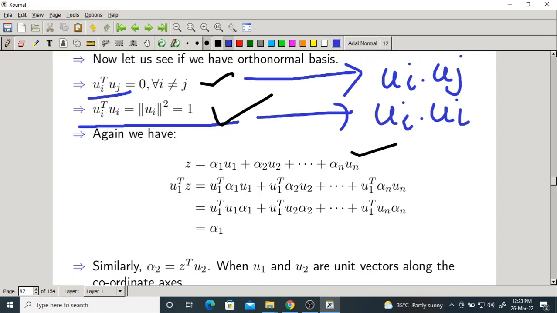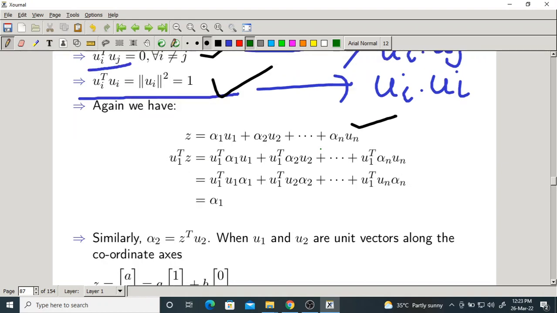Now let us proceed further. This is Z. Now what I am doing is multiplying by U1 transpose on both sides of this equation. What happens? This is what you get. But what is U1 transpose U1? 1.